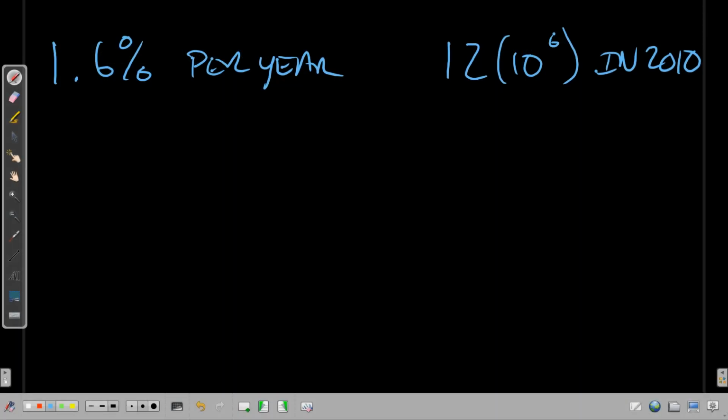Now this has to be an exponential model because it didn't say something like the population doubles after some number of years. It doesn't say that it triples, or that half of them die off every some number of years. We just have this continuous rate of growth.